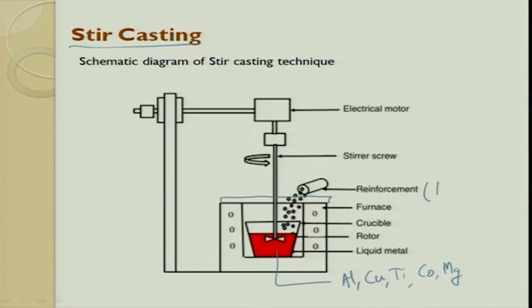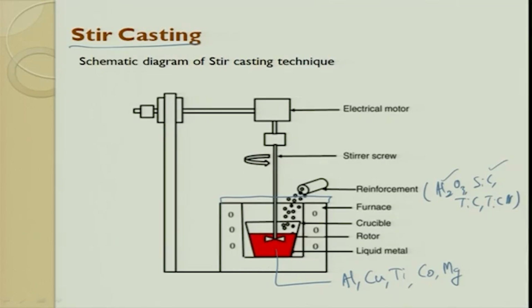Here the reinforcement can be alumina, SiC, TiC, TiCN, whatever it is. It is not necessary to use only one reinforcement; you can also use a combination of two or three reinforcements mixed. The reinforcement is dispersed inside the molten metal, and even after dispersing, the stirrer keeps continuing.